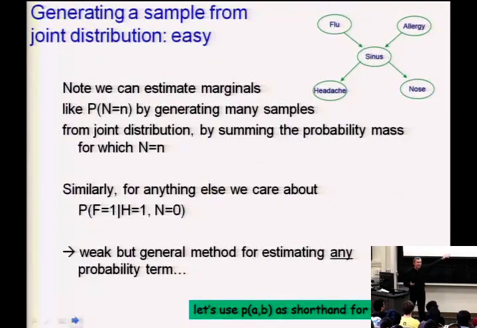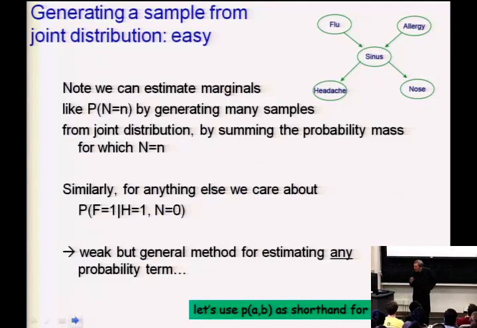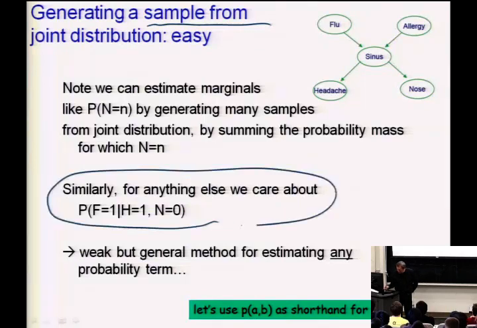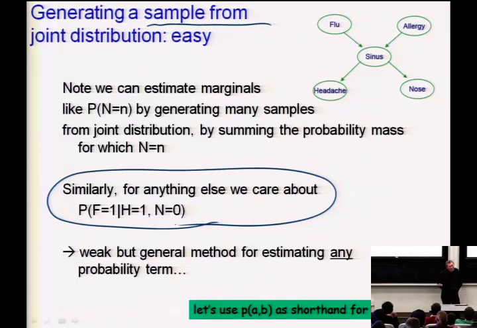So the good news, summarized here, is that this idea of doing Monte Carlo sampling is a very generally useful idea, because once we can sample from that joint distribution, we can calculate pretty much anything else we care about just by counting fractions of those samples. Now, if I ask what's the complexity of that, certainly generating one sample is no big deal.